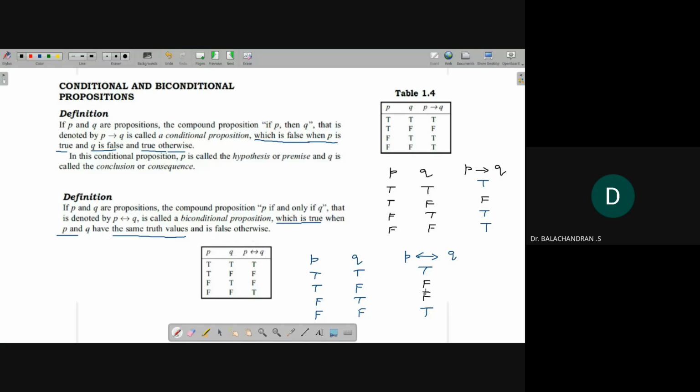That's all. So you can understand P biconditional Q in slightly other ways also.